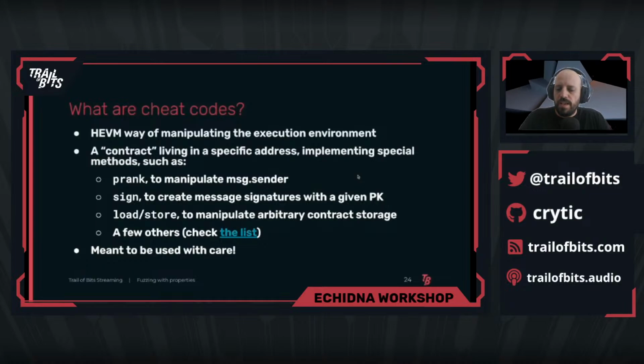That's not allowed in a live EVM. Or you can change, for example, the block timestamp or the block number in the future. So if you use cheat codes in your tests, make sure that you understand what the implications are and what the risks you are taking by using these cheat codes.